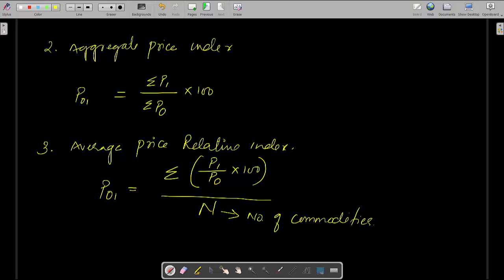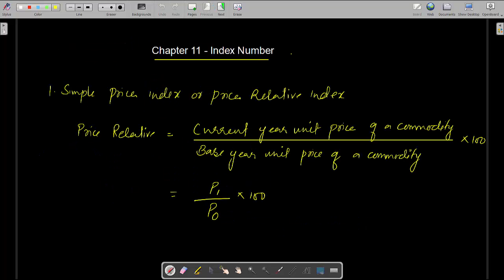Alright. So there are again different formulas to calculate weighted index number. However, we will first learn some of the sums from simple price index, aggregate price index, and average price relative index, and then we'll start calculating the second price indexes, that is the weighted index number. Clear?